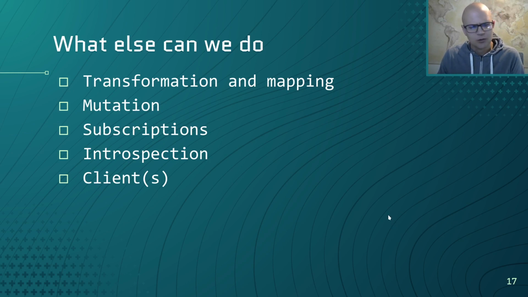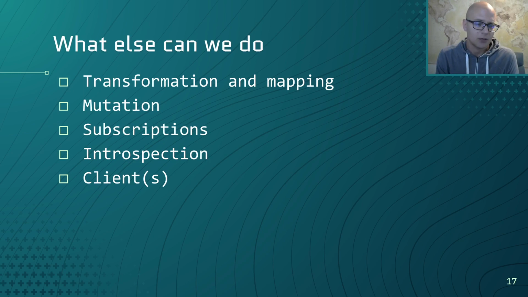Then you can do introspection, which is quite interesting. It's a way to use GraphQL to query the schema, your own schema. And then we also have clients in Quarkus and soon in the spec. And they are very similar to the JAX-RS client, and it works very similar to that.